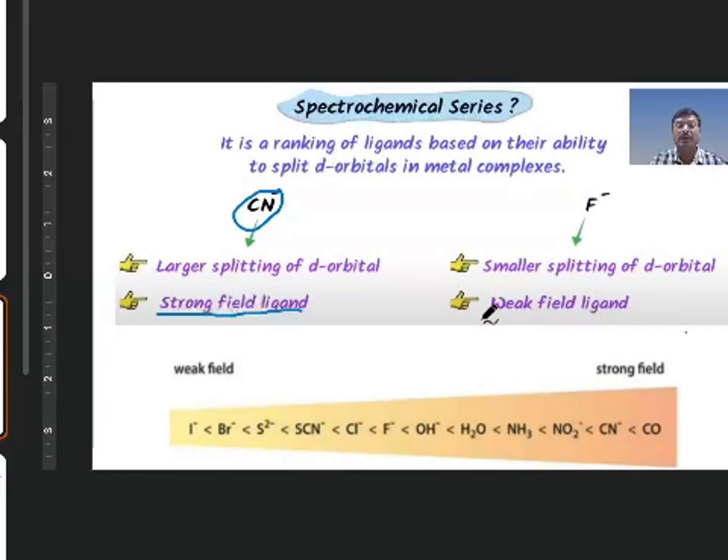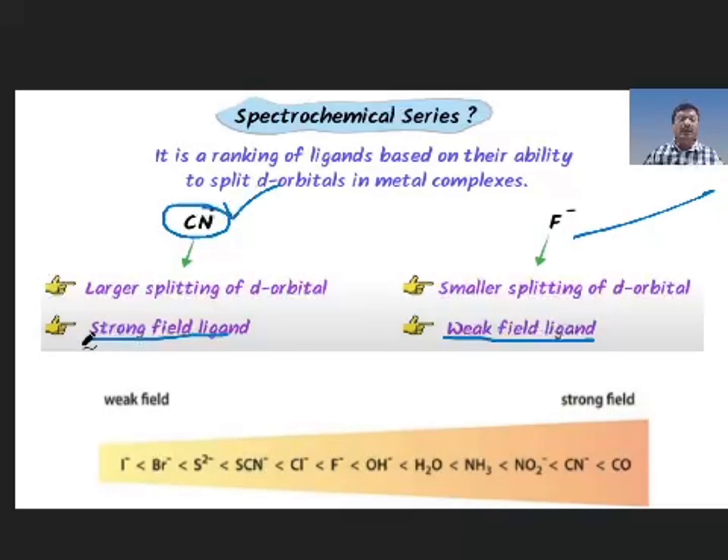If the ligand has less repulsion, it is called a weak field. When the ligand has more repulsion, it will split the d orbitals into larger energy. And if it is a weak ligand, it will split the orbitals into smaller energy.